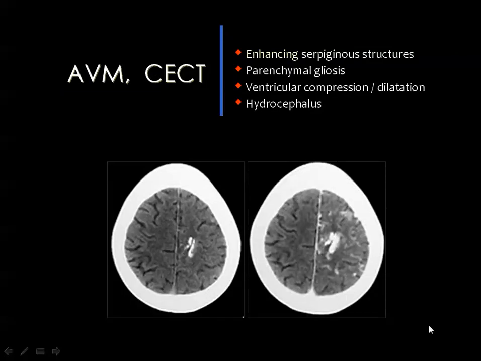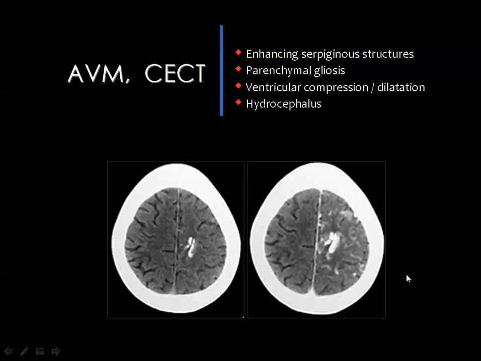Then the arteriovenous malformation, by contrast enhanced scan, will appear as serpentinously enhancing structures, and calcium, of course, may be seen in the vicinity of the vascular malformation. If this vascular malformation is small and uncomplicated, you cannot see any perifocal brain edema, and you cannot appreciate any mass effect.